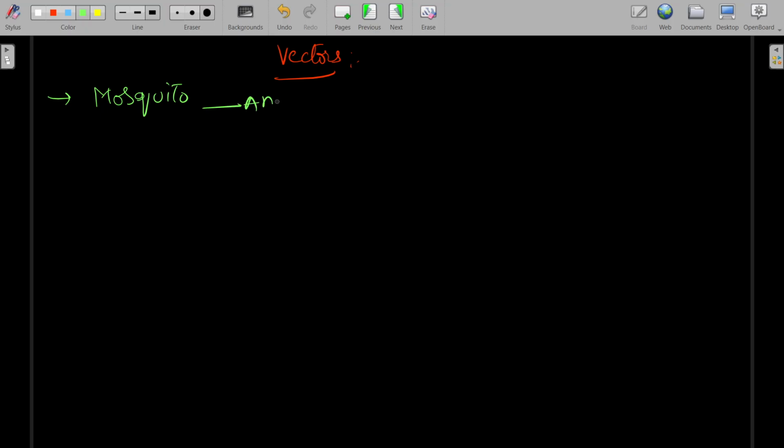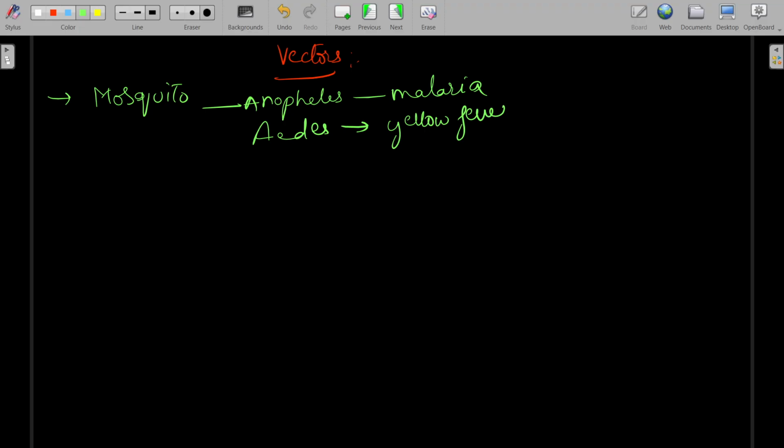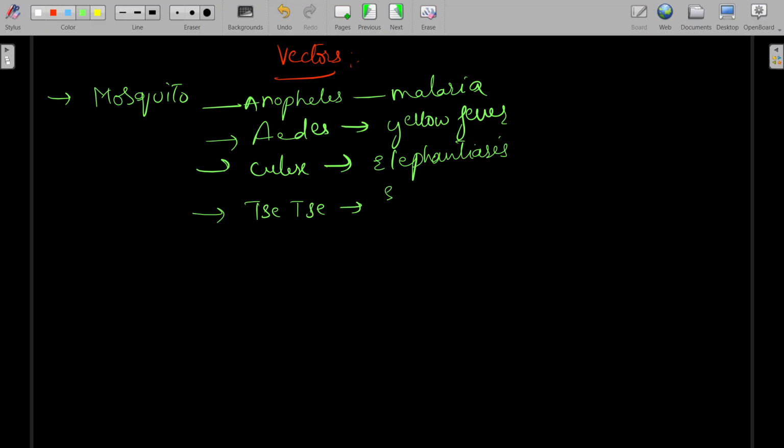The Anopheles mosquito causes malaria. The second one is Aedes aegypti. This causes yellow fever. And the third one is Culex. This causes elephantiasis. And tsetse fly. This is very important because it causes sleeping sickness.